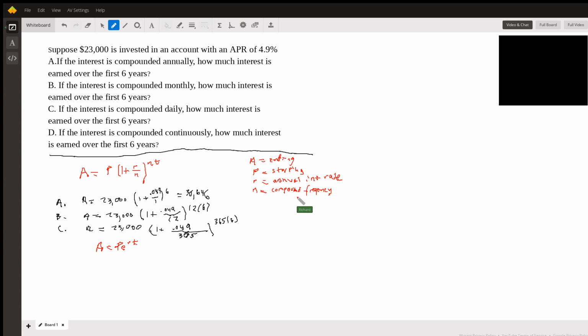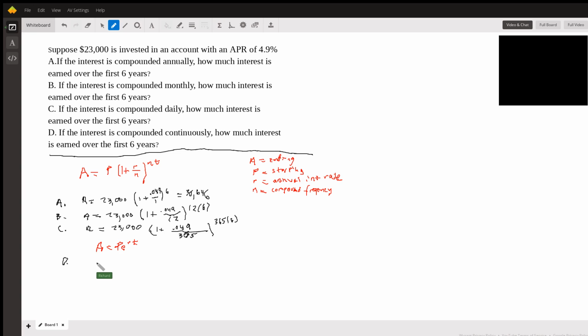We don't have an N here because we're compounding continuously, in other words, every second of every day. This doesn't happen in the real world, at least not for money. I'm not aware of an investment like that. So we use PERT mostly for biological things, for example, how quickly a disease is spreading.